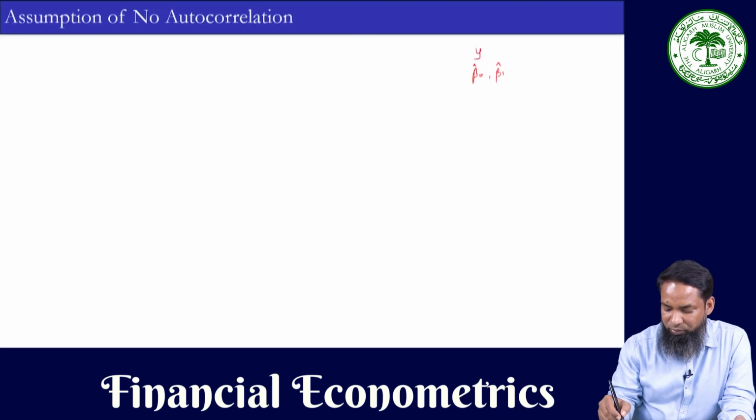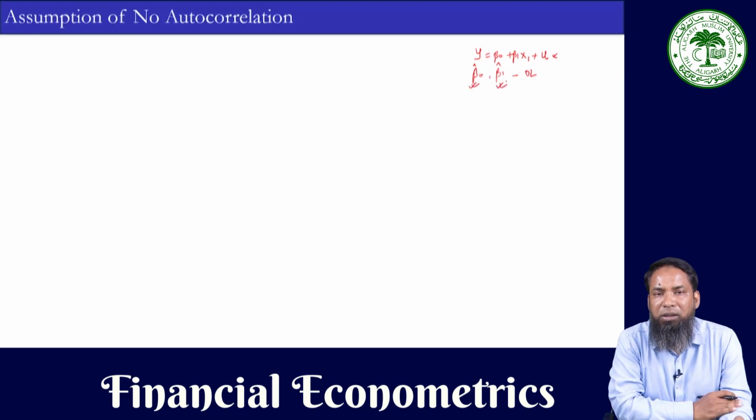That is, if we have y is equal to beta 0 plus beta 1 x1 plus u, in that case once we estimate using OLS, we will get these parameters beta 0 hat and beta 1 hat. Then the next immediate task is to examine the reliability of these estimates.